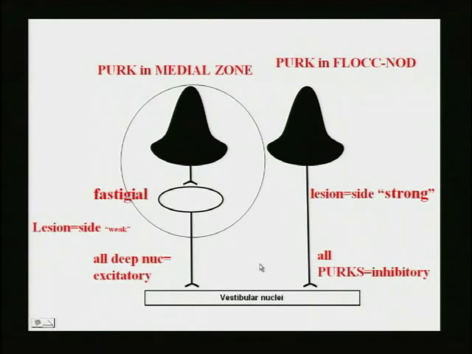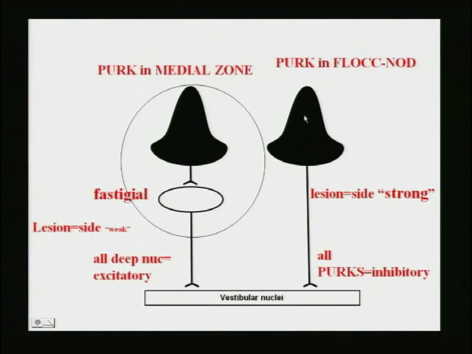So this sets up some interesting things here that always cause problems with Med 1s. What happens if you have a lesion in the medial zone versus a lesion in the flocculonodular lobe? Well, if you have a lesion in the flocculonodular lobe, you're just going to kill Purkinje cells.